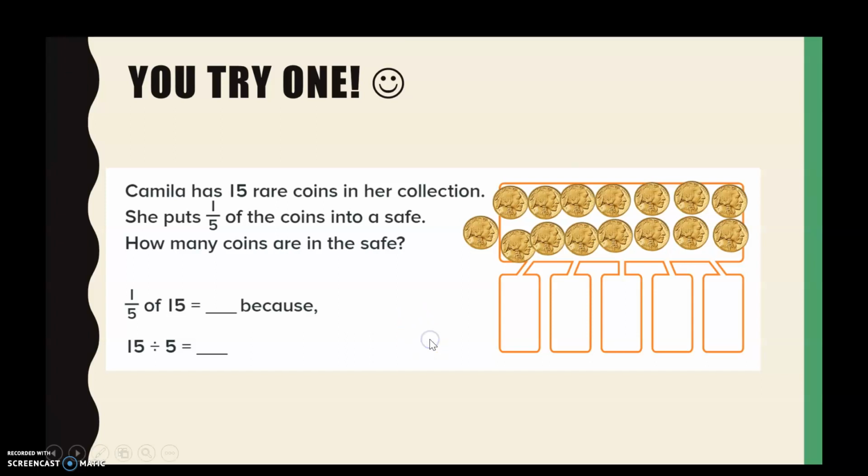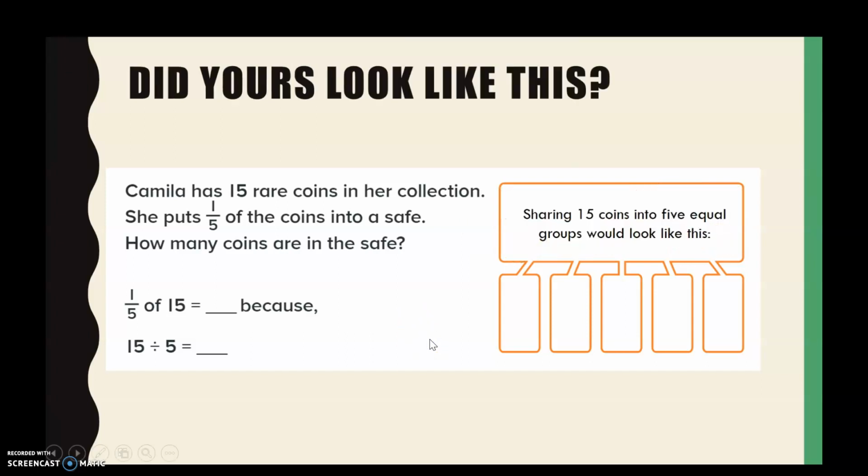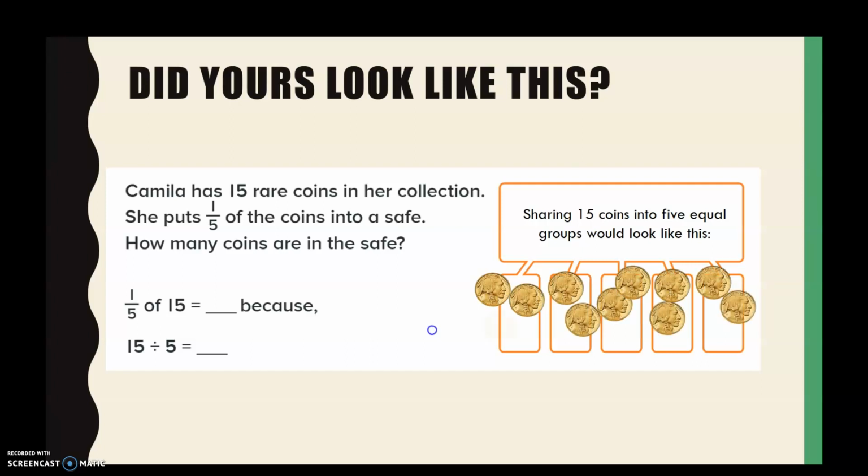So we're thinking about 15 divided into 5 equal groups. What would that look like? Hopefully you were thinking along this frame of mind, where we would end up with 3 coins in each group. So how many coins are in the safe? 1/5 of them is 3.